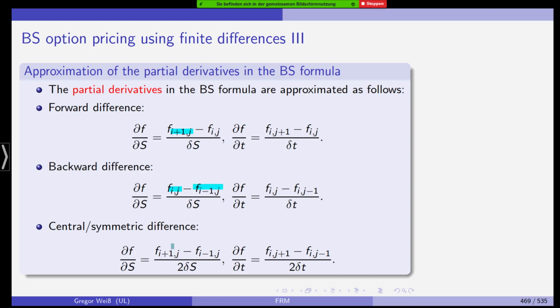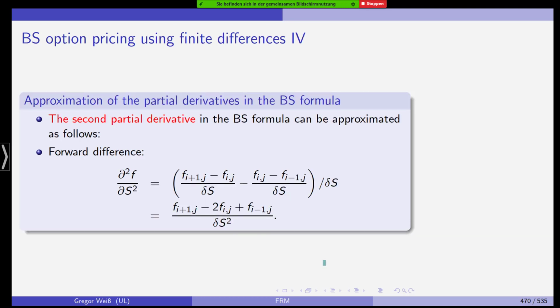And central symmetric difference, one to the right and one to the left. Same for the partial derivative with respect to S and T. So these are three ways of writing down the partial derivatives. We also need the second partial derivative in the Black-Scholes formula, and this one can be approximated also with a forward difference, as given here.